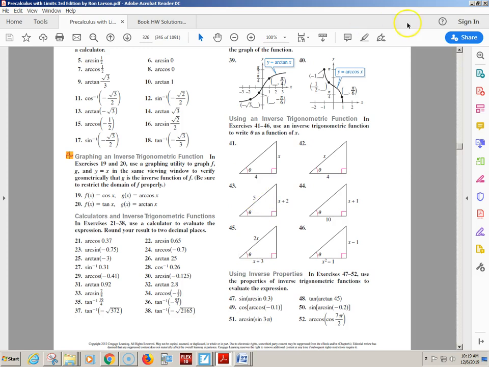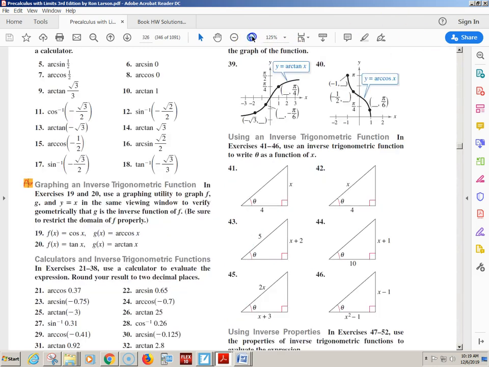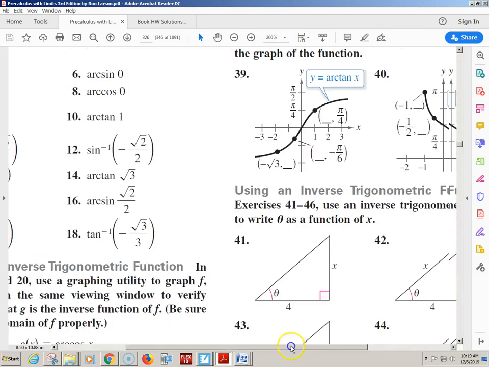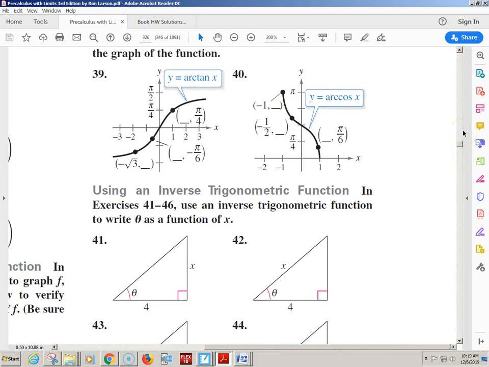Number 40 is a weird one because it gives you a graph. But in some ways, by the holes that they left, they kind of gave you hints and reminders as to what this arc cosine does. It says, I'll give you angles in the y position, and I'm going to give you ratios in the x position.